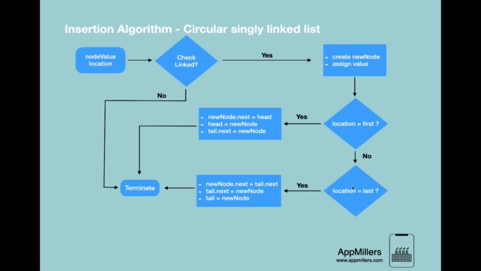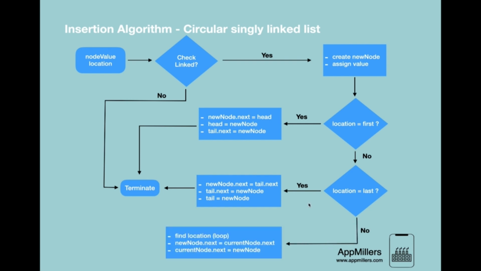Then we are continuing to the next condition, in which we are checking the location. If the location is not the first and it is not the last, then it means that we have to insert an element at the middle of circular single linked list. In this case, we are looping through the circular linked list and finding the location that we want to insert a new element, then setting the new node's next reference to the current node's next reference, because in this case current node's next reference is the next node. Then we are changing the current node's next reference to point to the new node.